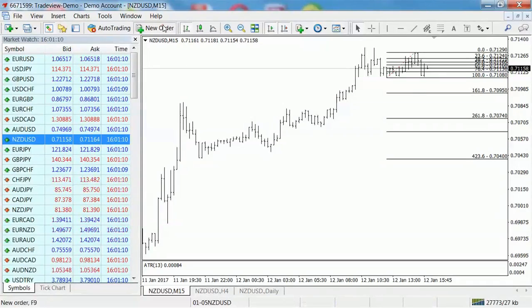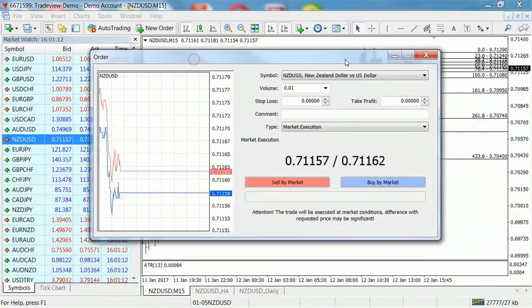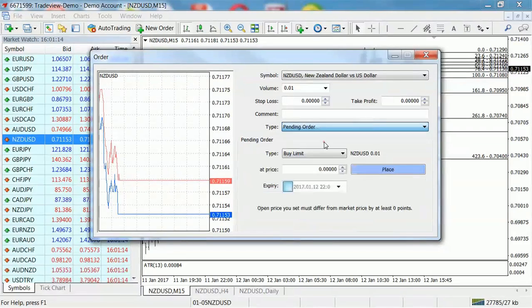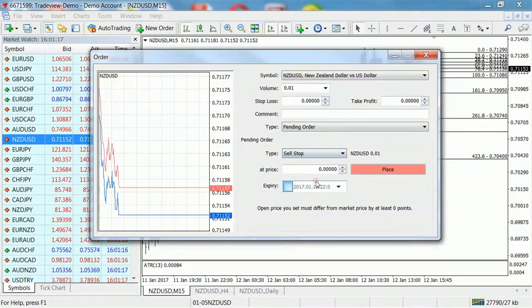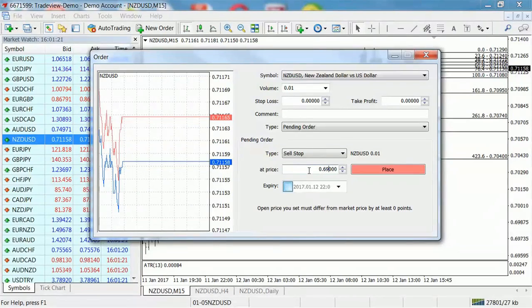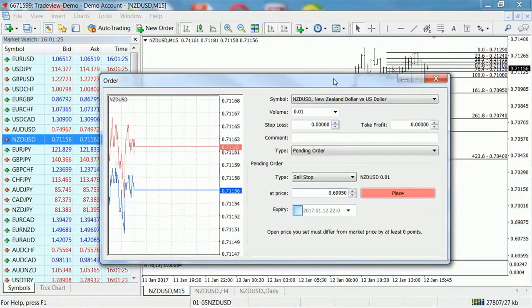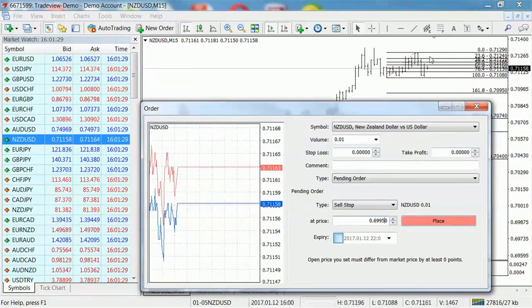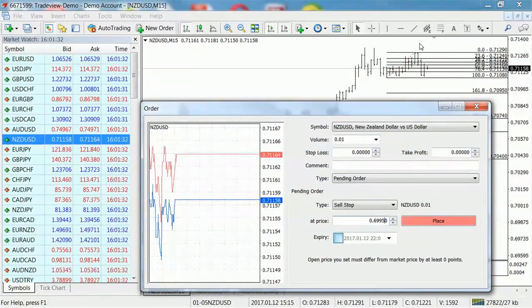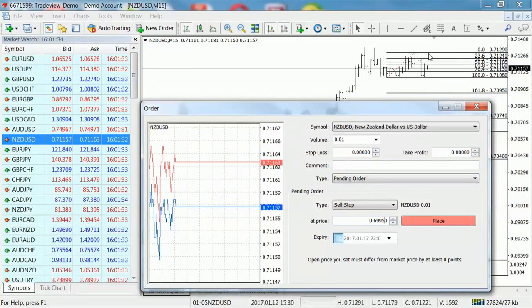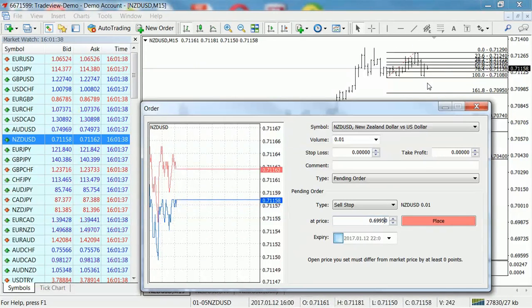Okay, so you place a new order, and this is going to be a sell stop at 69.95. The stop in this case will be 71.30. In this instance, the reason I'm not placing it 15 pips higher is that usually it won't go back that far once it breaks that level.